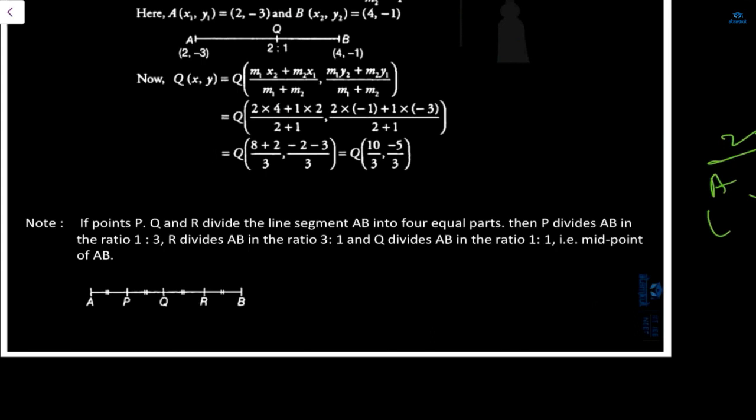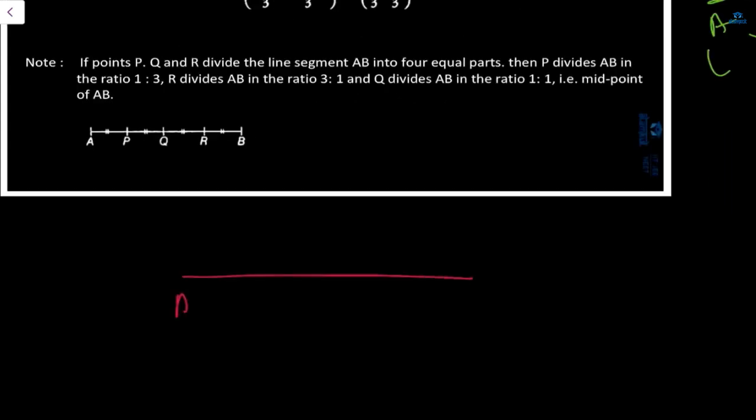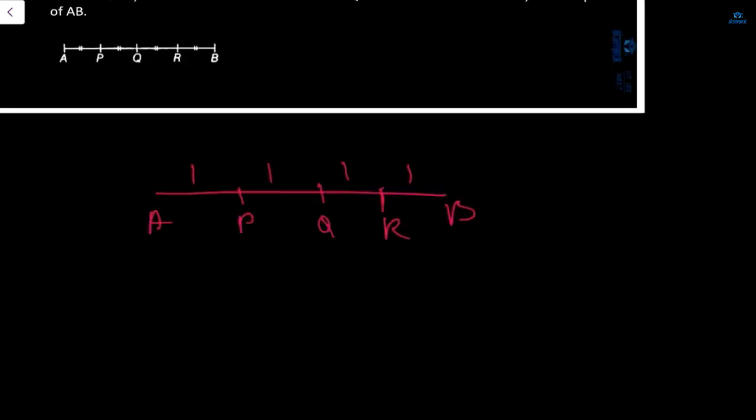Now similarly, if you get one more point here, for example A, B, and P, Q, R, three points you need to find out. So again, what is the ratio? Let's take only P. Here 1 is there, but here how many sections? 3 sections are there, so 1:3 will be there.